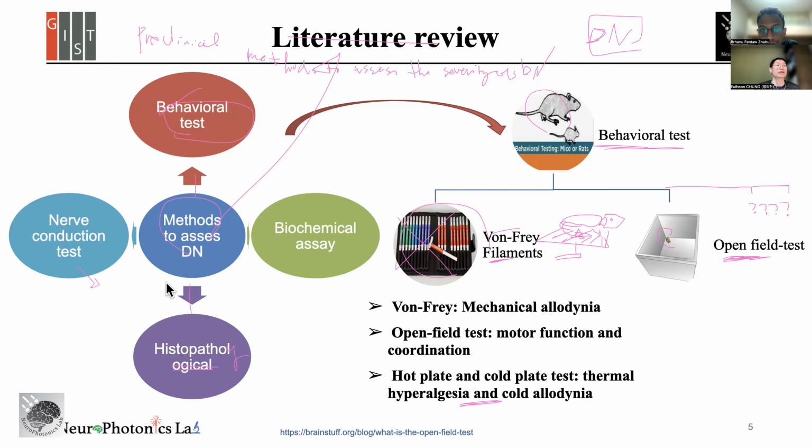You're actually focusing here on what's coming from behavior, right? Yeah. So you're saying, hey, there are many methods. Are you going to do nerve conduction? Are you going to do any histology? Are you going to do any biochemical? Probably not in your current work. So you have to make sure to limit the scope.